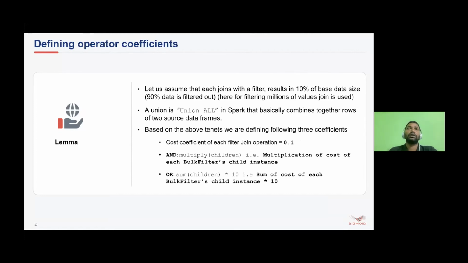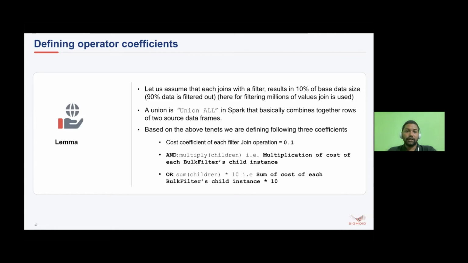So our base here is the join filter, applying the join for the filters. So if a join is applied, with a filter or without a filter, the result may have 10% of base data if we include or exclude these values, right? So there may be like 10% of base data size and 90% of data will be filtered out. So we'll be getting only 10% of the data. So this is an assumption, okay?